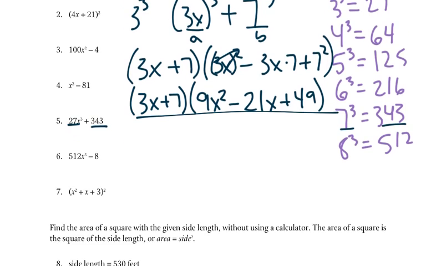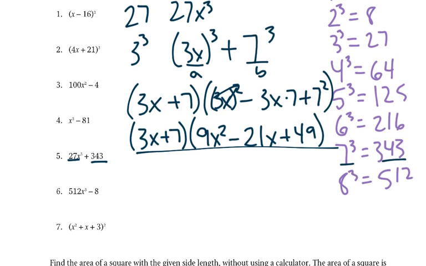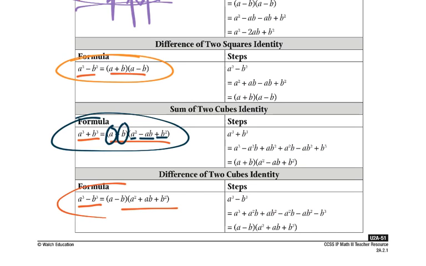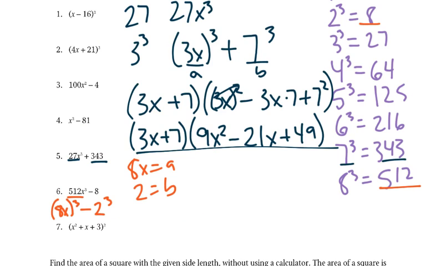Okay, number 6. Same idea. We've got 8, which would be 2 cubed. And then 512, which would be 8, so it would be 8x cubed. So 8x is a, and 2 is b, so then we use this version where it's a minus b and then it's plus in here.